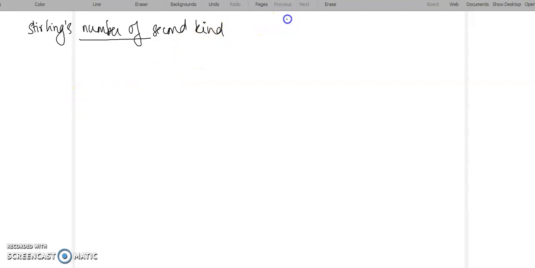So here you will be distributing distinct objects into identical boxes.